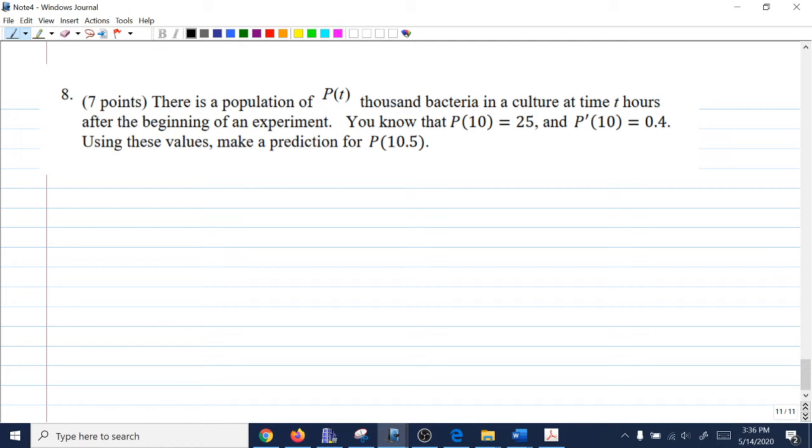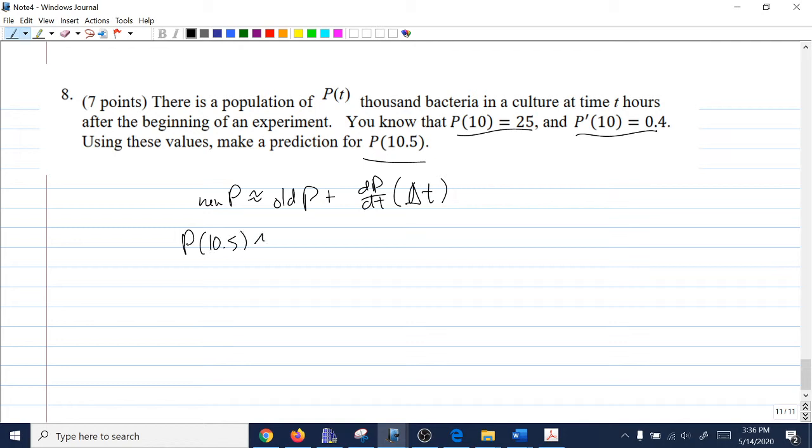Oh, this is the exact same deal as before, where I know what's happening at 10, I know the derivative at 10, predict what's happening at this value near 10. Our new P is about the old P plus the rate of change times the change in t. P of 10.5 is probably about P of 10 plus P prime of 10 times 10.5 minus 10.